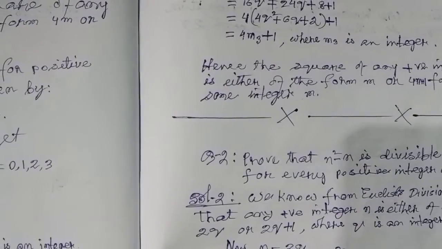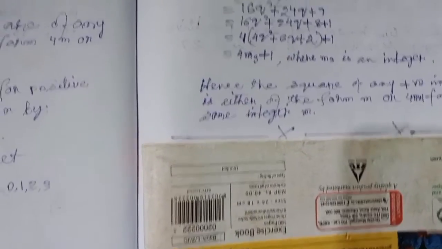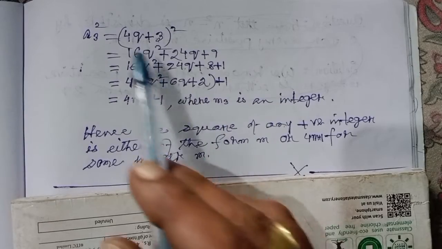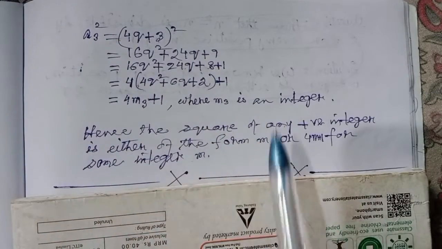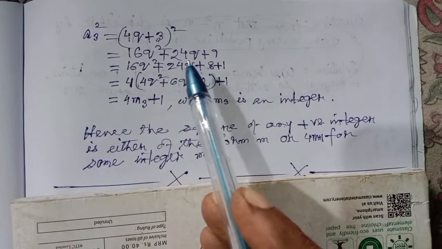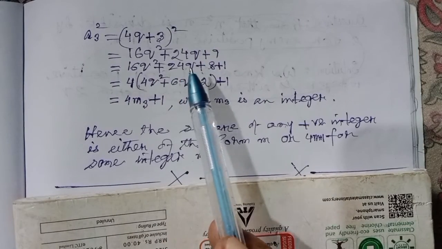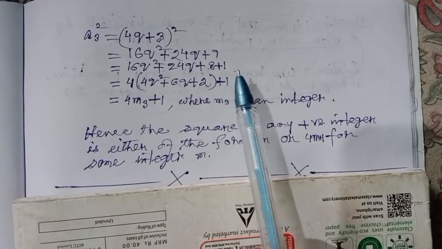And similarly, you see this next result. a3 whole square equal to 4q plus 3 whole square equal to 16q square plus 24q plus 9 equal to 16q square plus 24q plus 8 plus 1. 9 is split into two parts.